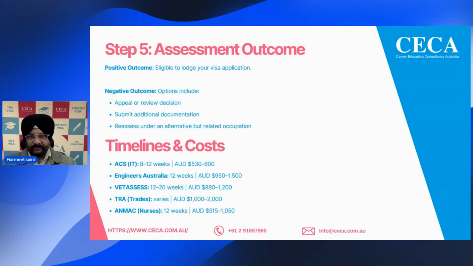Now, when you lodge your application, you're waiting for the outcome. The last thing is when you get your outcome. If your outcome is positive, it means you're eligible to apply for the general skilled migration visas. But if it is negative, meaning it is not assessed as per the guidelines, you still have the option to go for a review of that application.